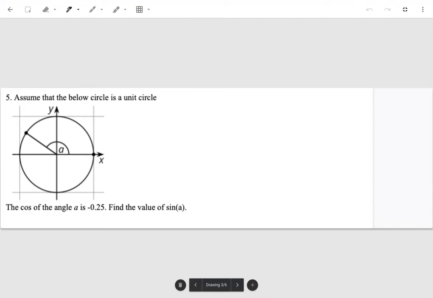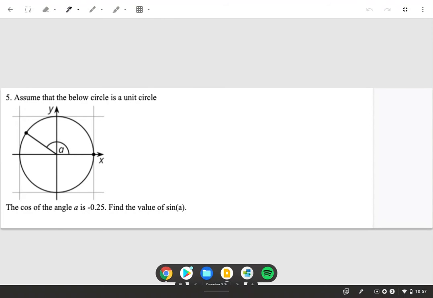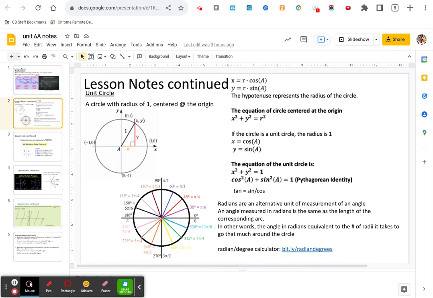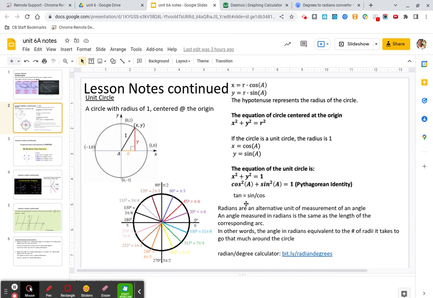Because this is a unit circle, we've learned in our notes that x goes with cosine and y goes with sine.